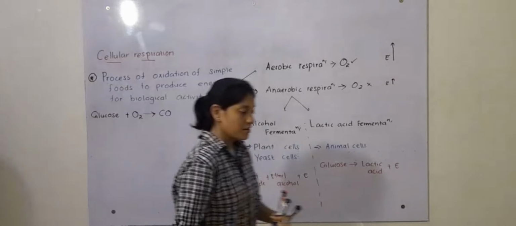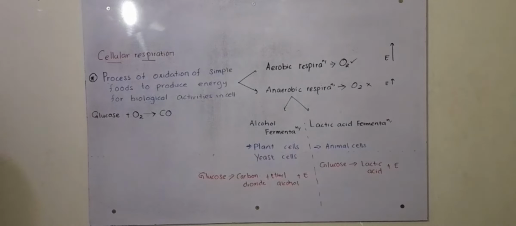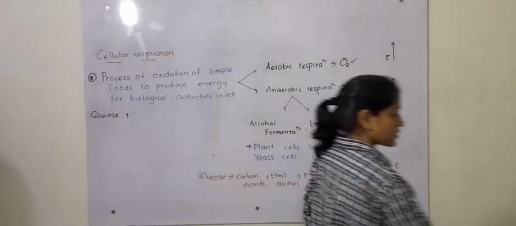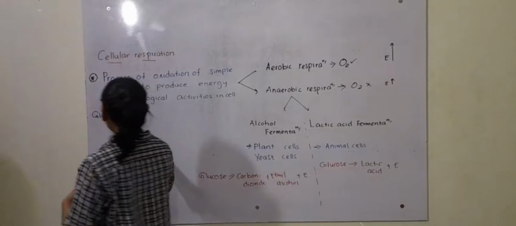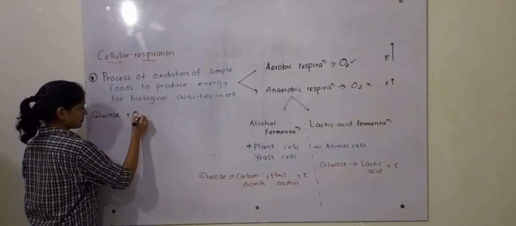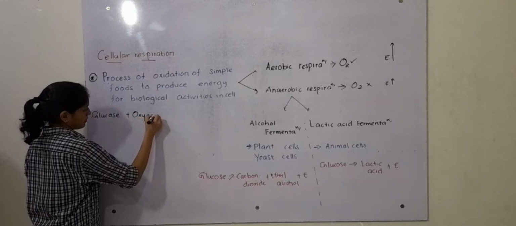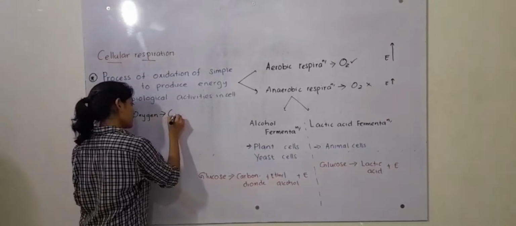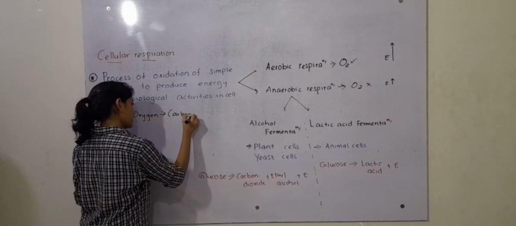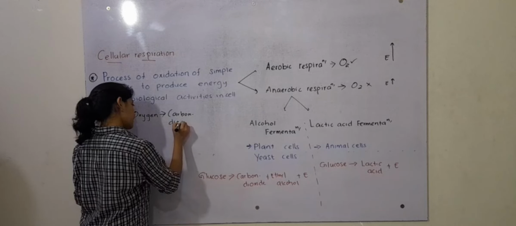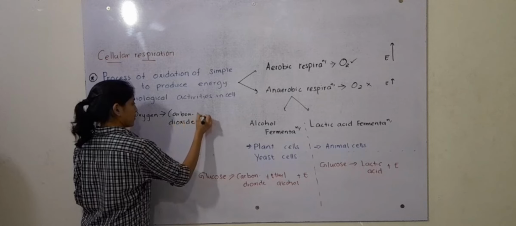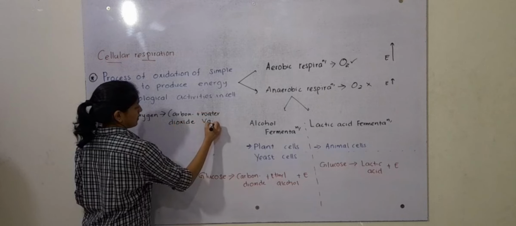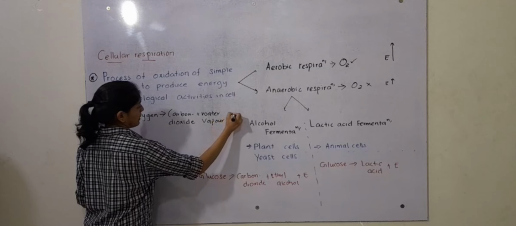Sorry, first of all, glucose will react with oxygen, and then it will produce carbon dioxide, water vapor, and energy.